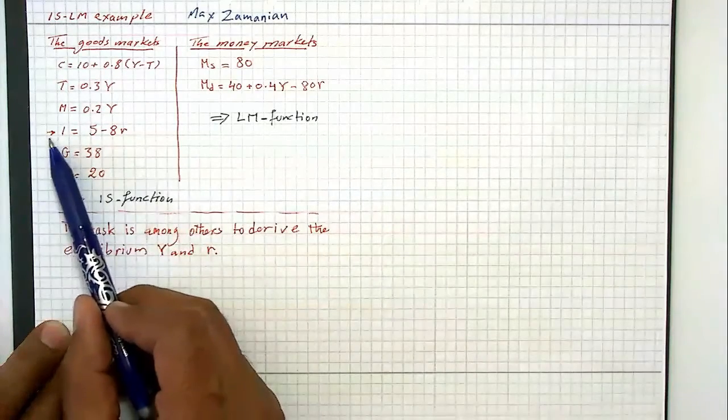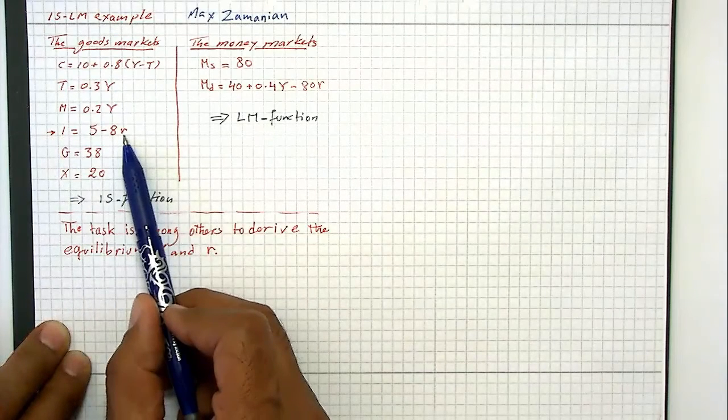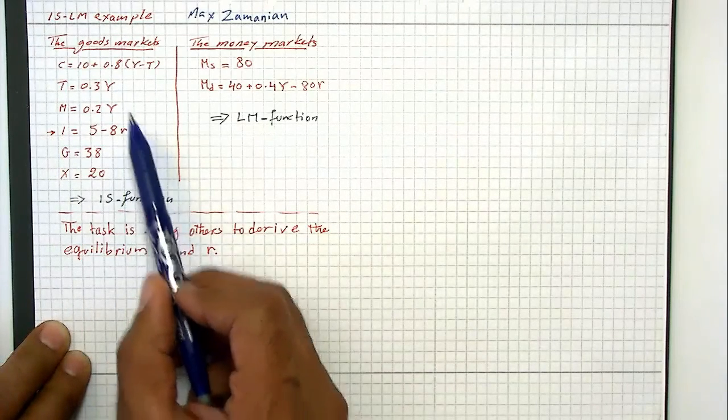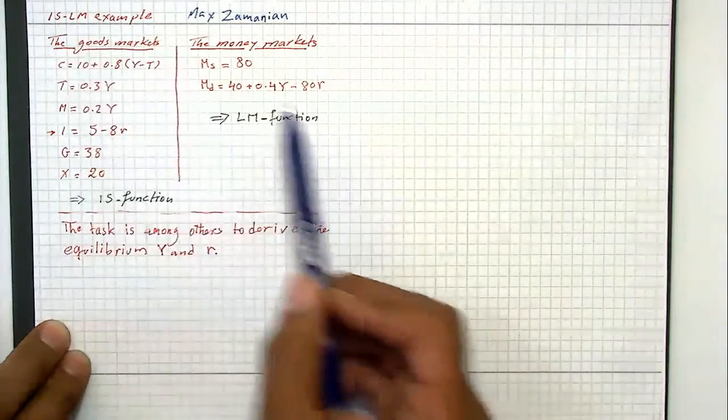And here the notation is that investment is a function of interest rate, and that actually makes the problem of IS and LM.